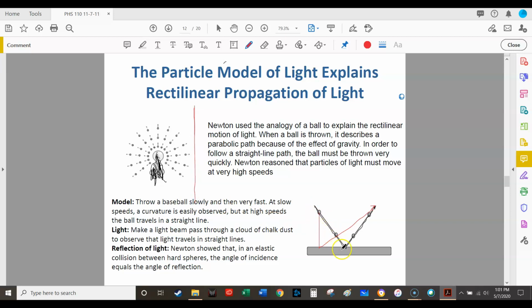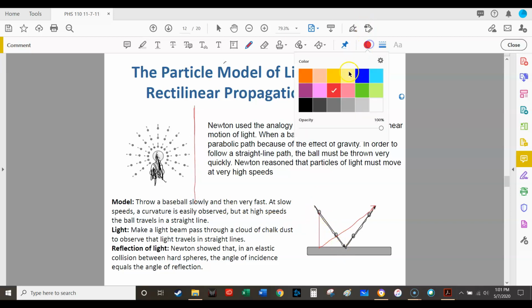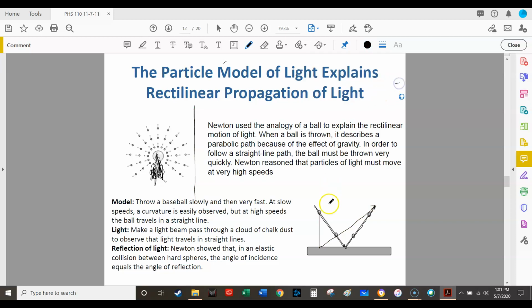Now that black path, I'll use the black color for that, goes from here to here, which I'm going to draw over here. And so this distance right here is about that far. And then this other distance is also the same distance, right?